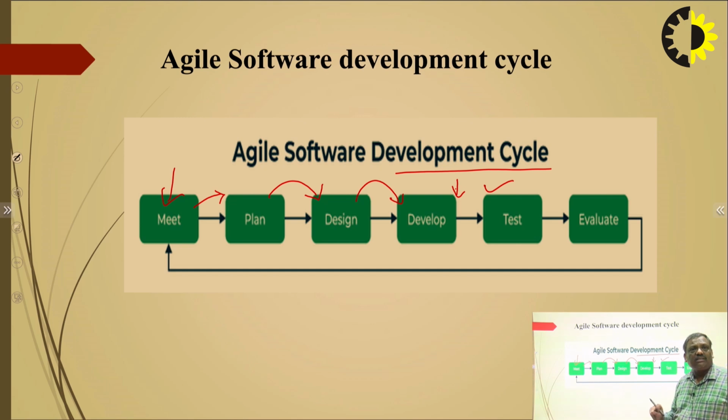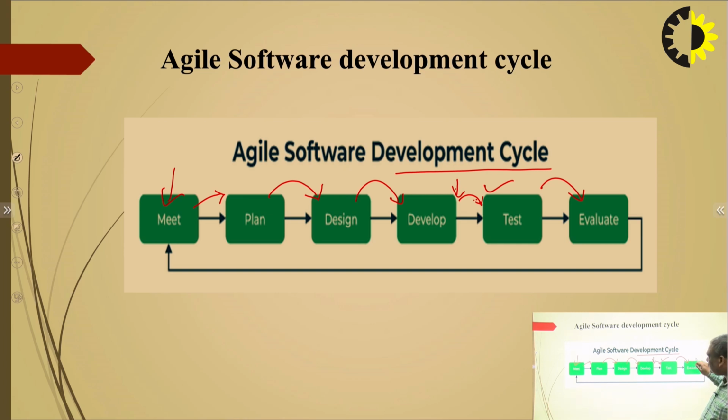A number of testing methodologies are available: unit testing, integration testing, alpha testing, beta testing, system testing. So we have a number of tests and we test accordingly, to see whether our project meets the client objective or not, then evaluate it.